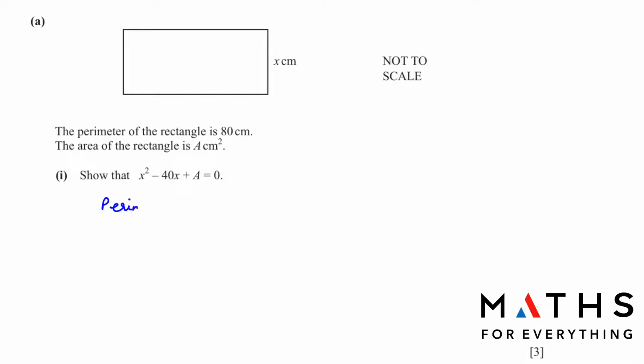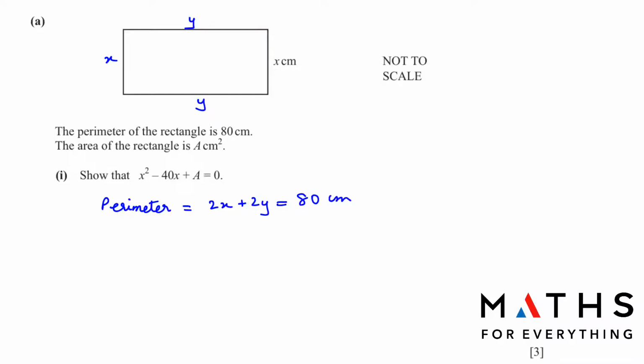Perimeter. You know what a perimeter is, right? When we add up all the outside sides. In a rectangle, this is going to be x. We don't know what this is, let's just write it as y. So perimeter is 2x plus 2y, and when you add them, it's equal to 80 centimeters.